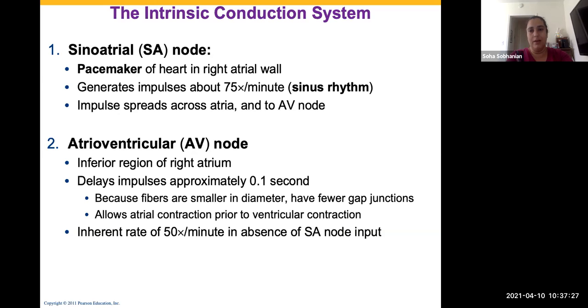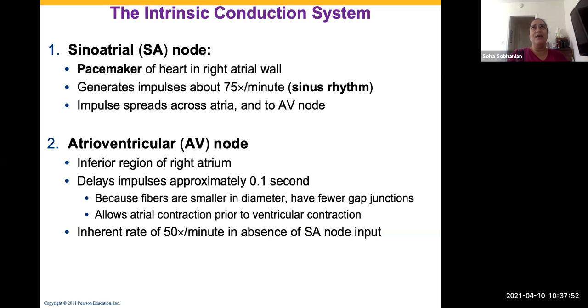However, AV node is not as strong as SA node, so the average heartbeat drops to about 50 beats per minute. Okay, so it's not basically going to be as strong as what we would see for SA node.